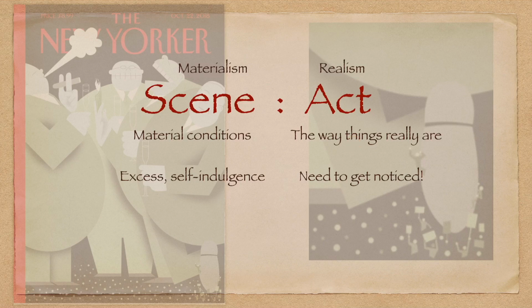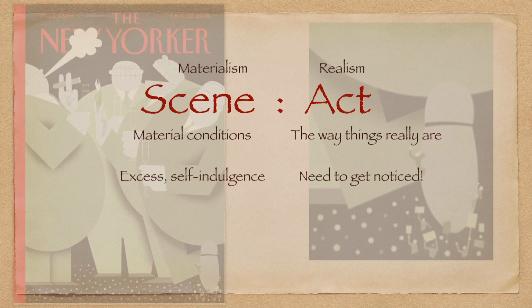Now we're going to bring it in here, and we're going to say, what was our scene here? Excess, self-indulgence, rich fat cats doing their thing. That is what is dominating. And what is it most dominating? The need to get noticed. It's the scene in this specific case, and that's where you always go when you're doing your ratios: move from the general ideas to the specific ideas inside your drama, the drama inside your artifact.